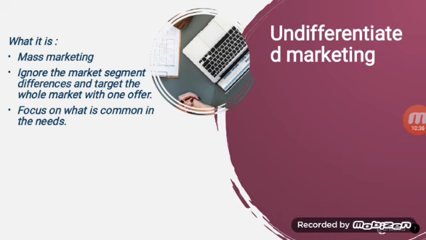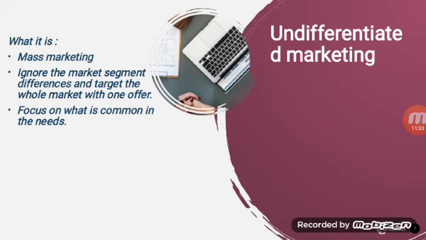Another name for undifferentiated marketing is mass marketing, where undifferentiated marketing involves marketing to the entire market the same way. It means you choose a strategy, and then you ignore the market segment.